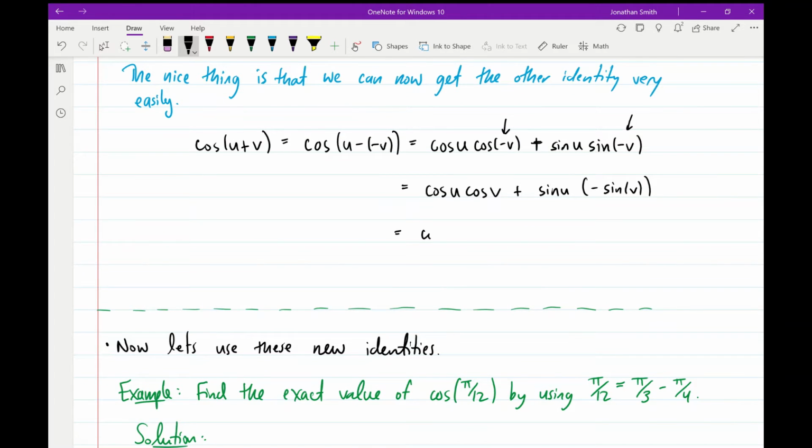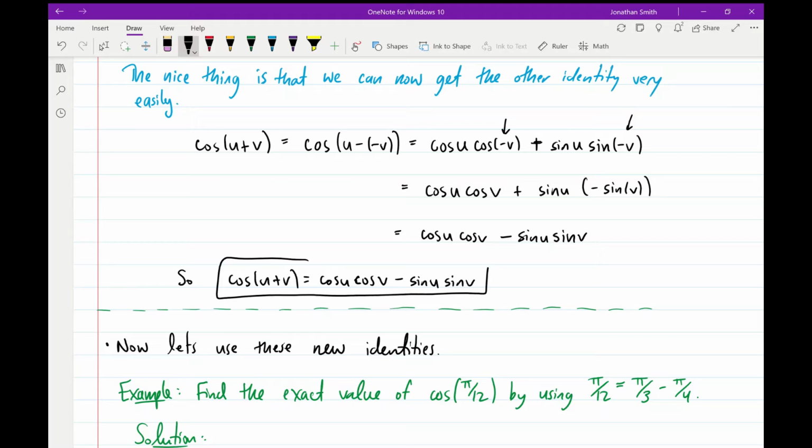All right, and now simplifying a little bit, we get cosine u cosine v, and now I get a minus sine u sine v. All right, so at the end of the day, what we've shown is that now cosine of u plus v has to be equal to cosine u times cosine v minus sine u times sine v.